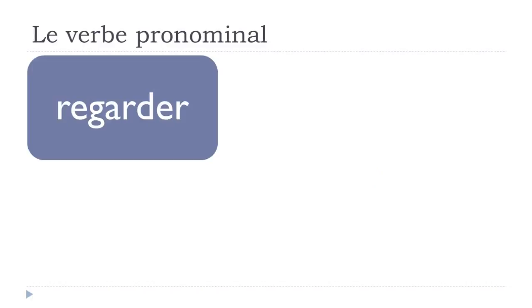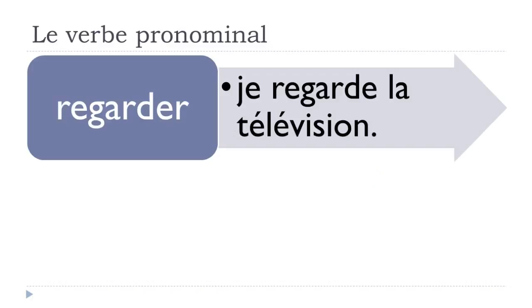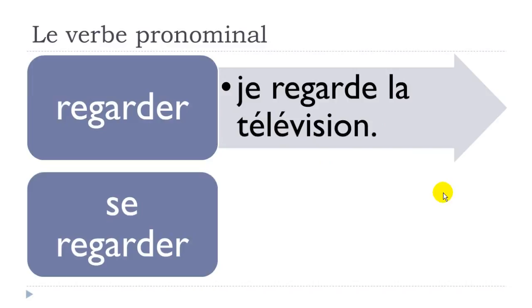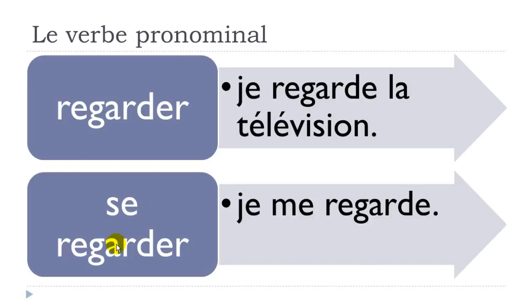So if we take the verb regarder, normally you will construct this sentence, je regarde la télévision, I watch the television. But if you use se regarder, to look at oneself, in that case, je me regarde.